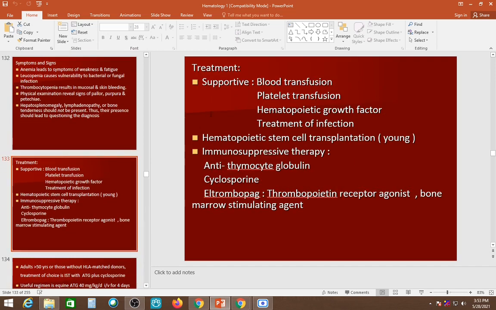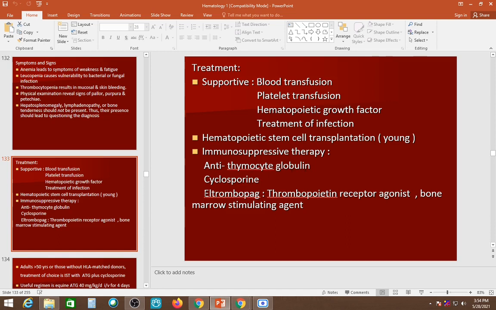So under the treatment we have supportive and definitive. Supportive, like blood transfusion, platelet transfusion, hematopoietic growth factor and treatment of the infection. In the young with an HLA matched donor, preferably hematopoietic stem cell transplantation, but in people aged above 50 years or those without an HLA match, we can give this IST, that is immunosuppressive therapy, that is anti-thymocyte globulin plus cyclosporine.